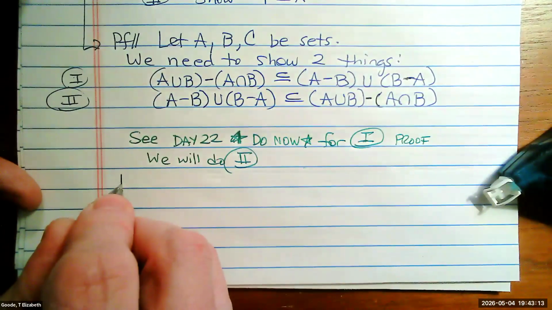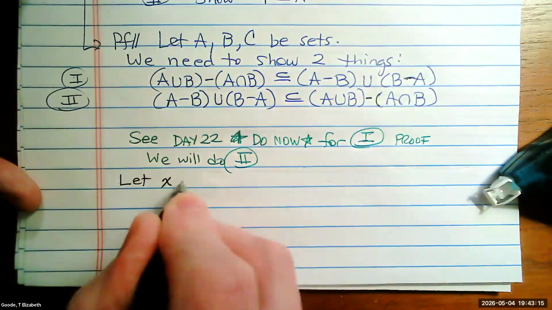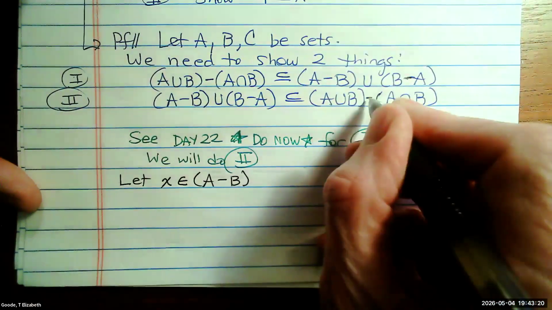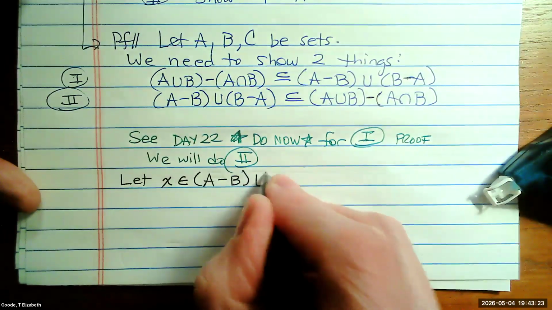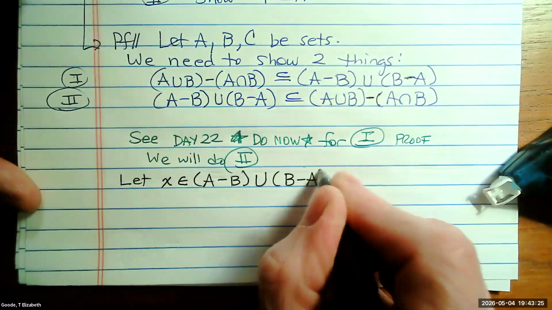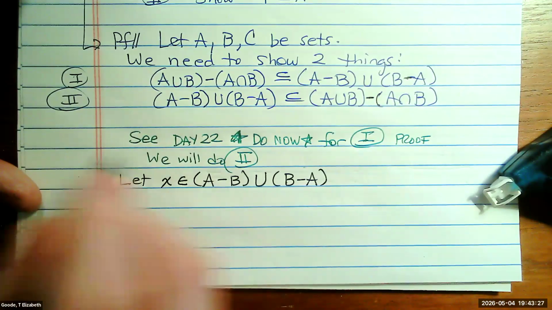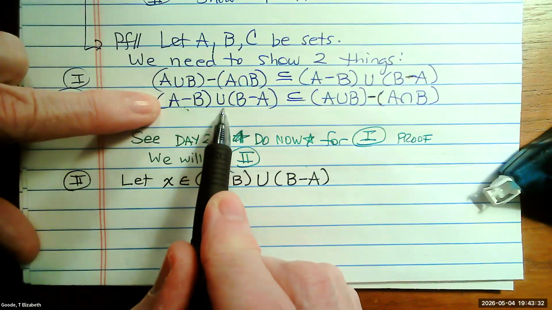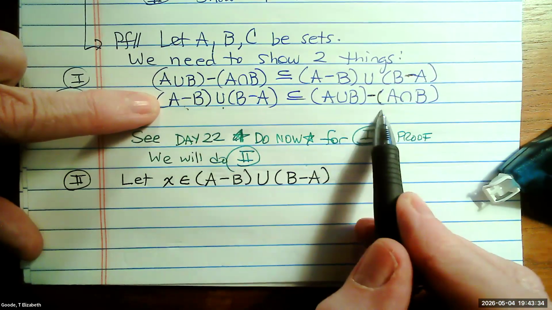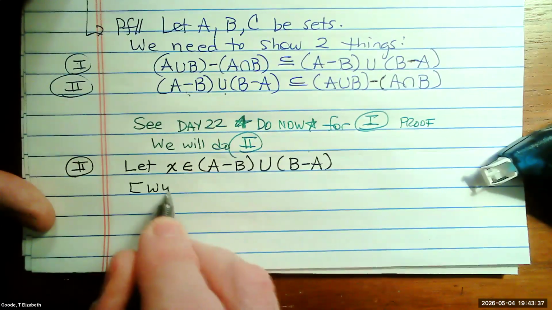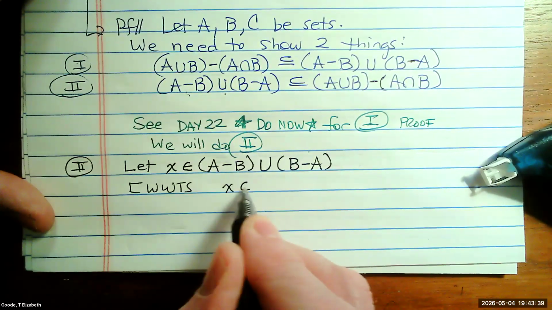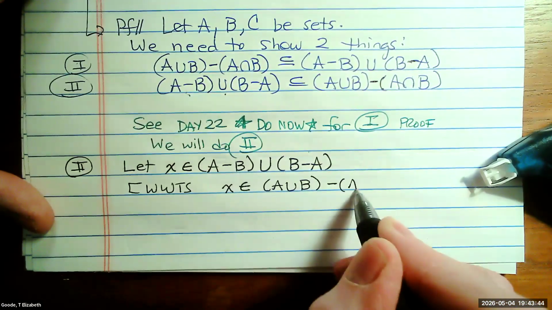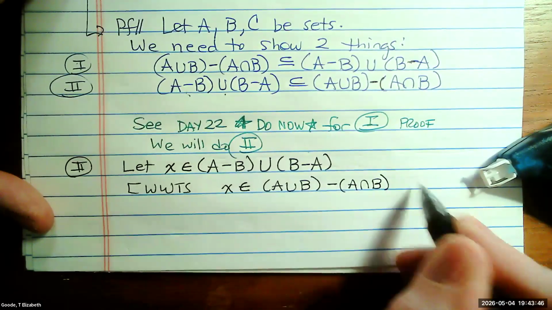All right, so let's let X be an element of (A minus B) union (B minus A). That's the hypothesis to prove two, okay? We take an X in here. We wish to show that X is an element of (A union B) minus (A intersect B).